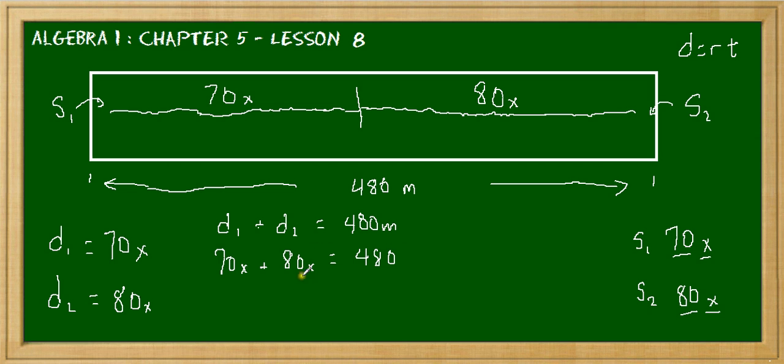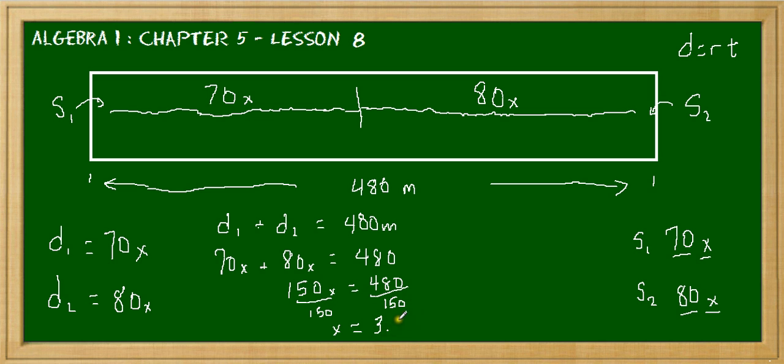Let's add these two, and we get 150x is equal to 480. Okay, now we're going to end up here with a fractional. We're going to say x, we're going to divide each side by 150, and we're going to get x is equal to 480 divided by 150, and if you do your math, you're going to get 3.2.